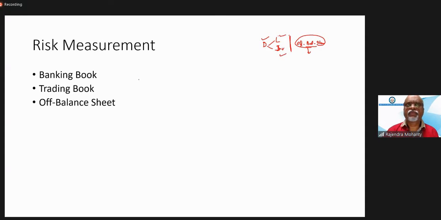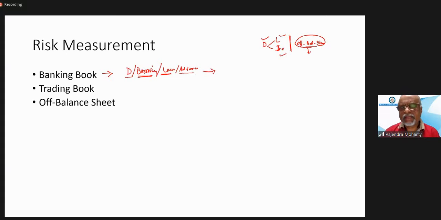Banking book is any transaction pertaining to deposits, borrowing, or loans and advances. All the deposit transactions, all the borrowing transactions, and all the loans and advances transactions are accounted in the banking book.